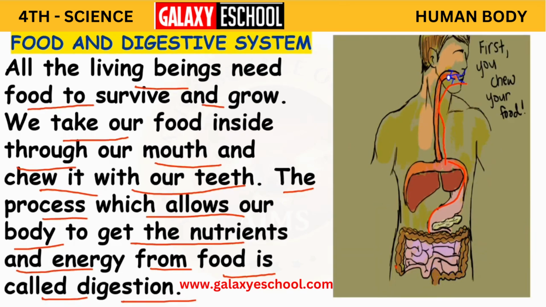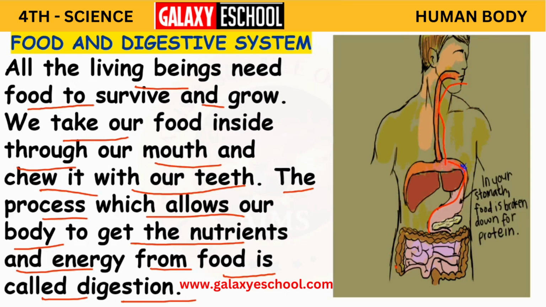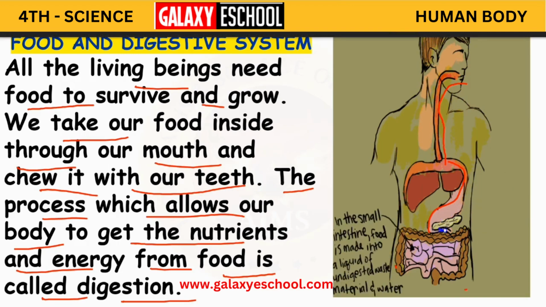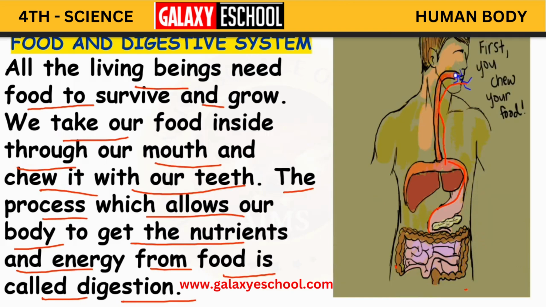See here, the blue colored substance, you assume it as our food. Okay, so see how it is passing into our digestive system. See, yes, and at last it is going down to the intestines. Clear children? Okay, so here in the diagram it is also written how it is going to reach.